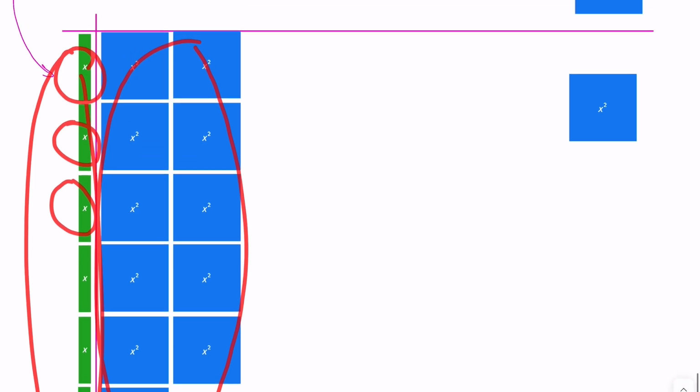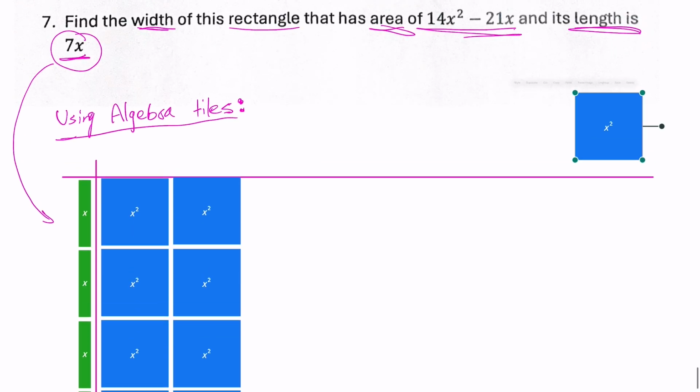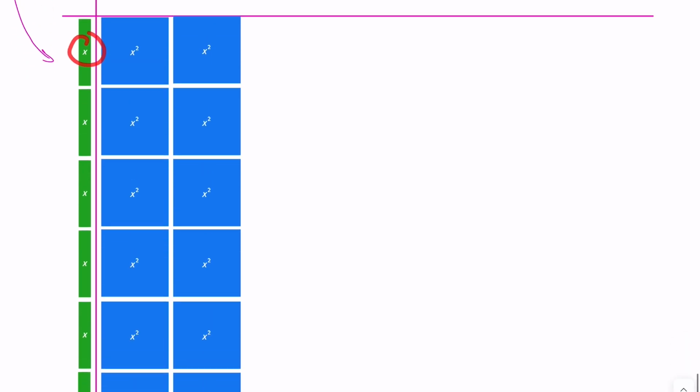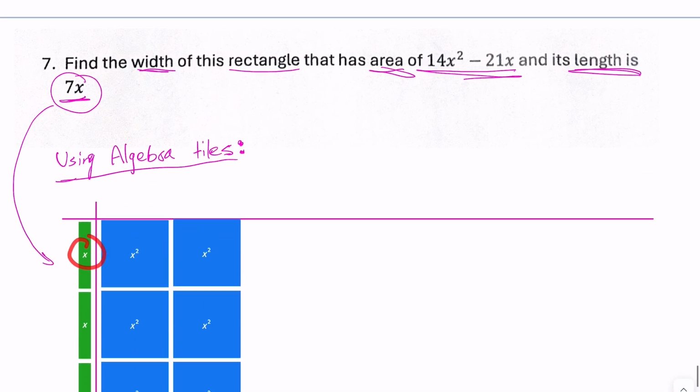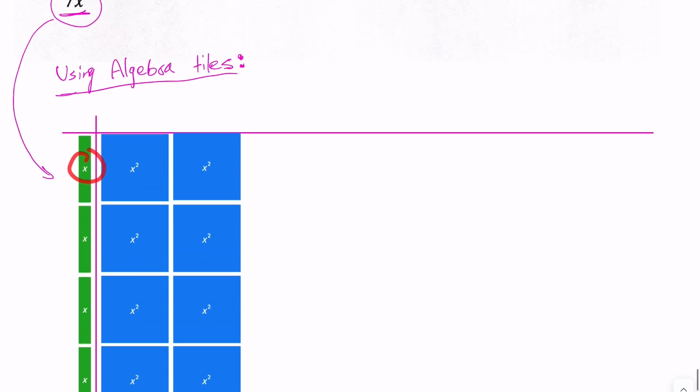So you can see that when I complete this, each x is going to have two of those things. That's how I get the two of them, right? And then I don't have any more x squareds. So I know I've done that correctly. It's evenly shared amongst all the x's.